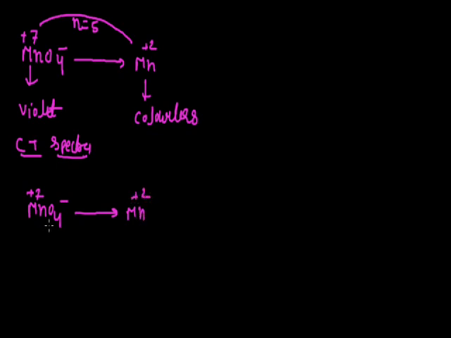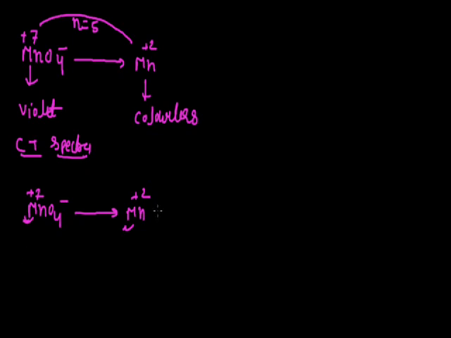The other element is manganese, which is balanced on both sides: left hand side 1 manganese, and right hand side also 1 manganese. Now we balance the oxygen. The left hand side has 4 oxygen, but the right hand side does not have any oxygen. So for balancing the oxygen, we use H2O, adding 4 H2O molecules on the right hand side.